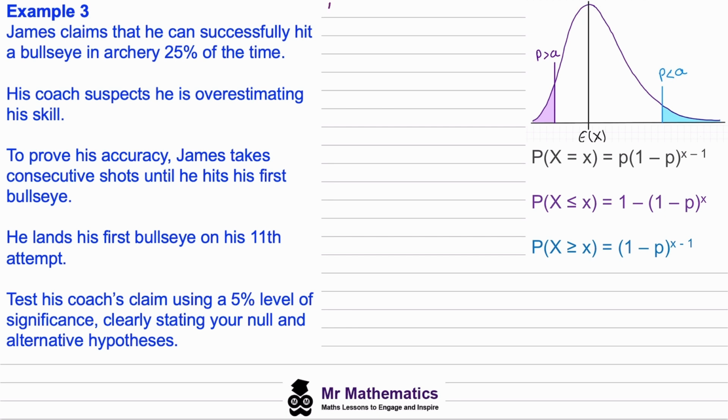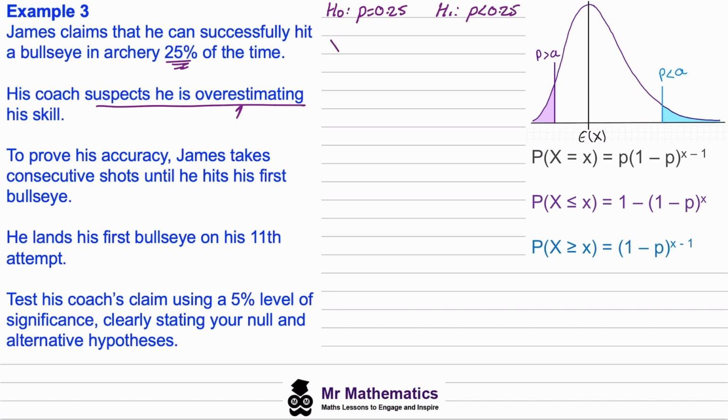So we need to define our null hypothesis, which comes from here, and that p is equal to 0.25. And our alternate hypothesis comes from this statement, where if the probability is being overestimated, then we're testing that p will be less than 0.25.